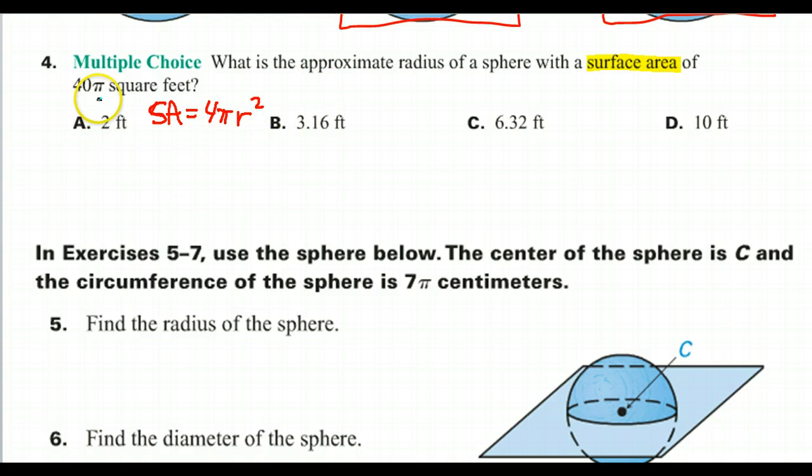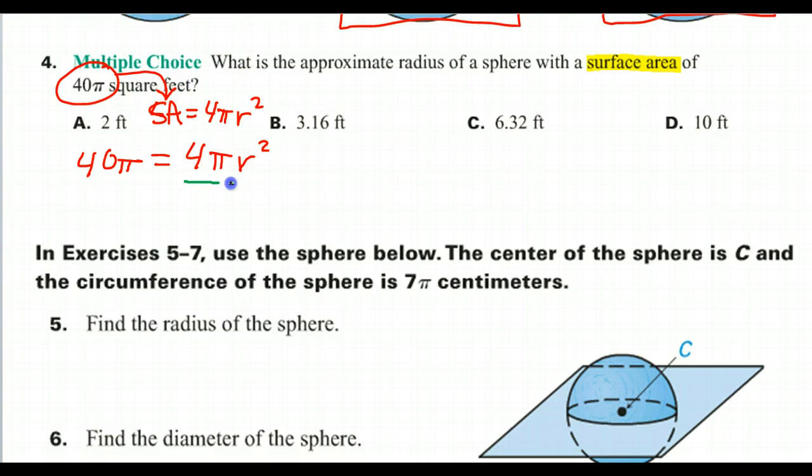If the surface area is 40 pi, oh, this is multiple choice. Okay, so if the surface area is 40 pi, then if we substitute it in, this becomes 40 pi equals 4 pi r squared. So to find the radius, we're just going to solve this for r.